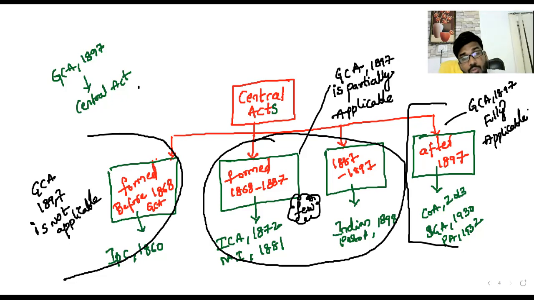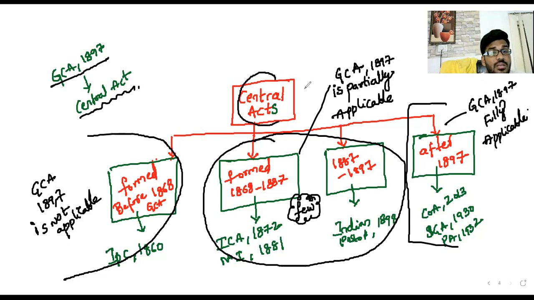Now, till now we have discussed only the applicability. The General Clauses Act is applicable to only Central Acts. But for Central Acts formed before 1868, the General Clauses Act is not at all applicable.